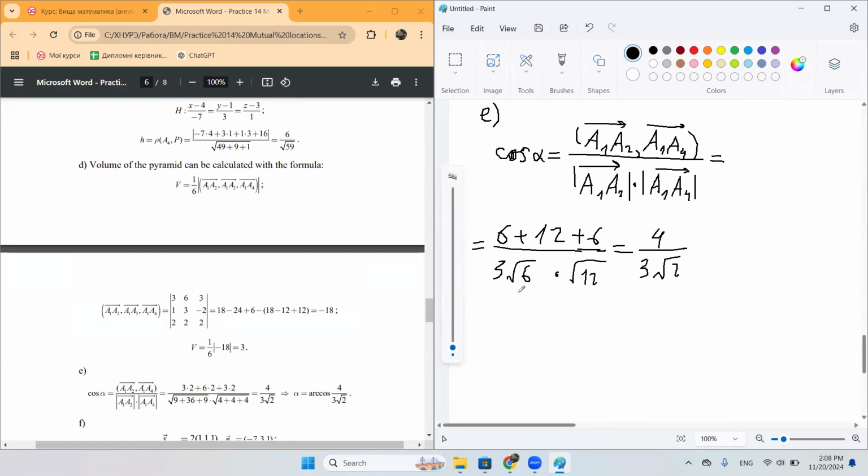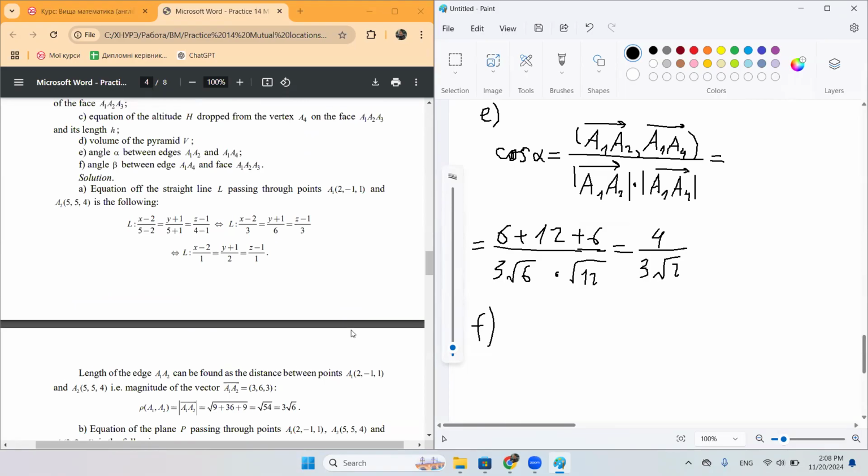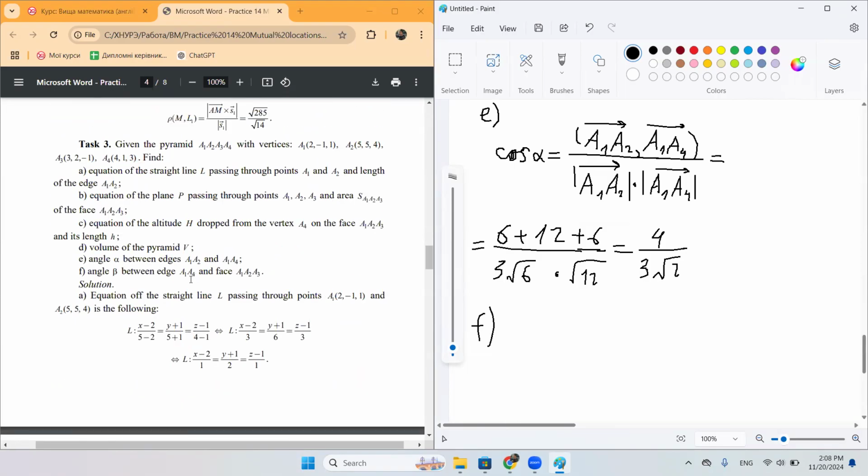And then we need to find the angle beta between edge A1A4 and this face A1A2A3. So first of all, we find the sine of beta.